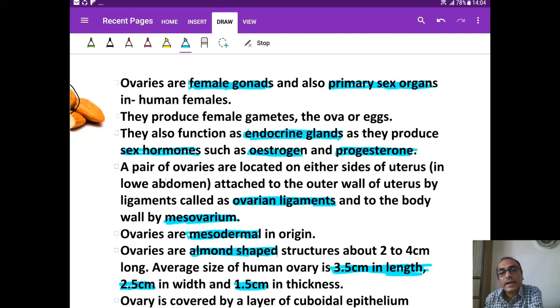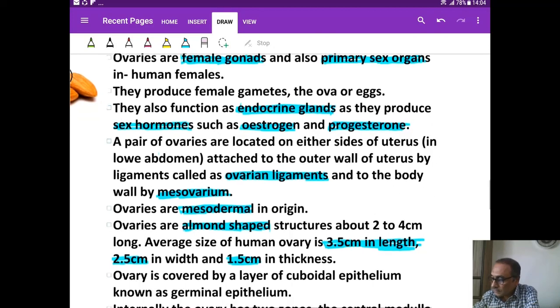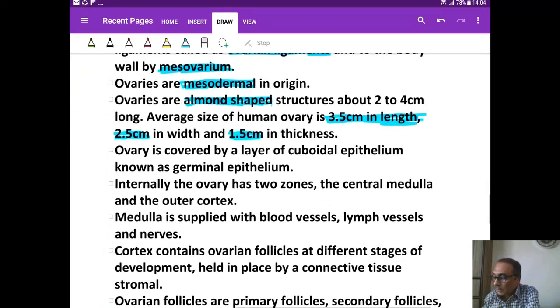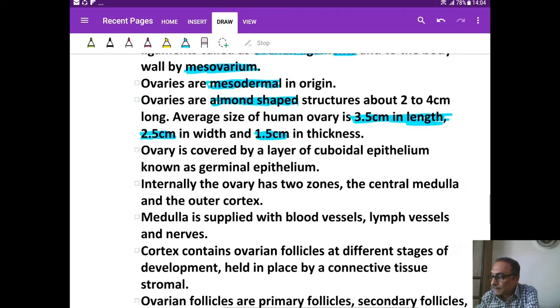That is the average size of the human ovary. Now, the ovary is covered by a layer of cuboidal epithelium, that we call germinal epithelium.